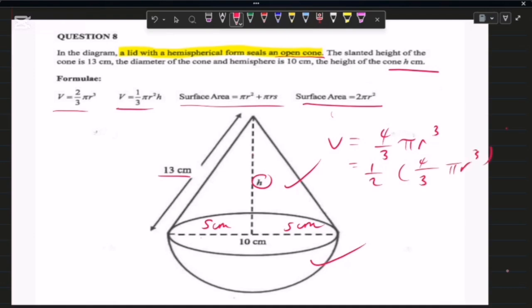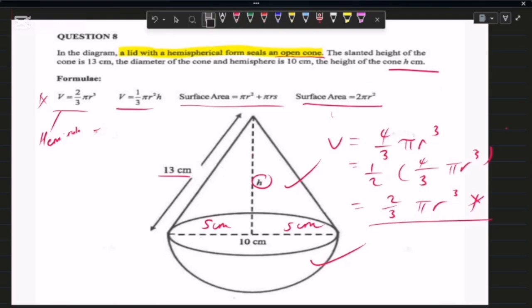The 4 will be divided by 2, and we get 2, so we end up with 2/3 pi r cubed. This is the formula for the volume of the hemisphere. This formula matches with this one, so this can be said to be the volume of the hemisphere.